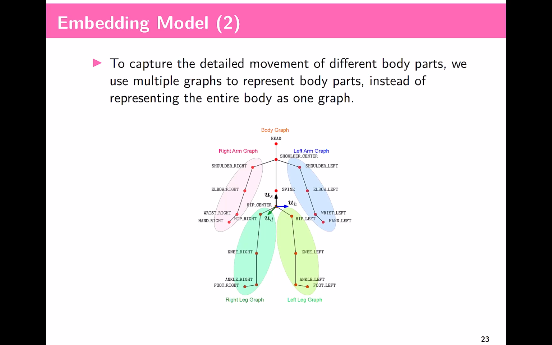To capture detail of the movement in the different body parts, we use multiple graphs to represent body parts instead of representing the entire body as one. So we focus on the local movement. For example, we focus on the right arm graph in the pink area here, left arm graph in blue, right leg graph in dark green, and left leg graph in light green.